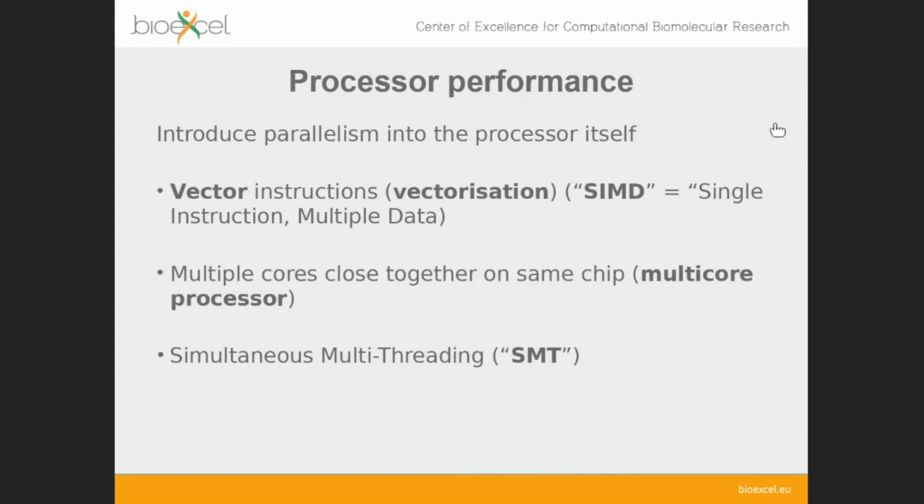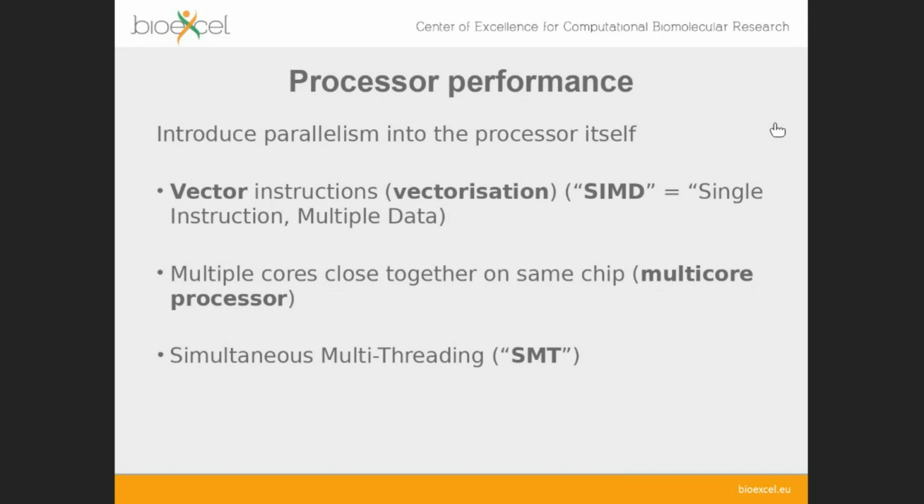So the first one is something called making use of vector instructions or vector operations. It's also called vectorization. The basic idea is that if you have, as many scientific codes do, vectors, an array, which can be one-dimensional, two-dimensional, three-dimensional, however many dimensions, of floating point numbers, for example, and you want to perform the same operation on many numbers at the same time, that's the idea.